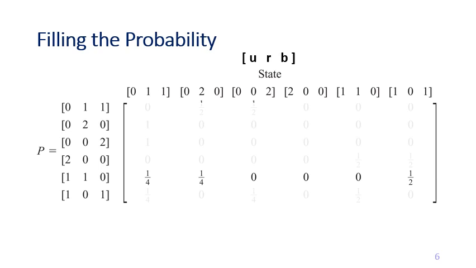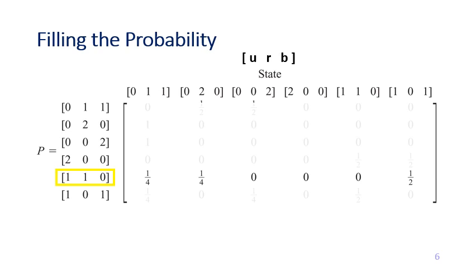Once you've defined the states, you may start filling in the probabilities. So let's try to fill the probabilities when we start from the state of 1, 1, 0. So the current state is that we have 1 unpainted ball and 1 red ball in the urn.